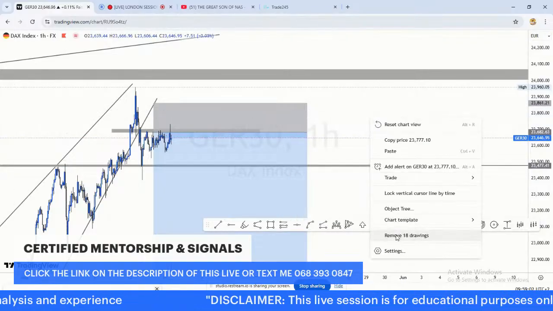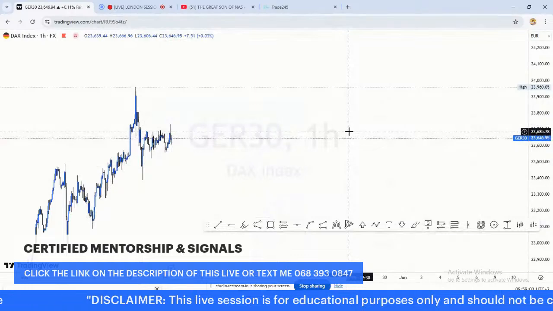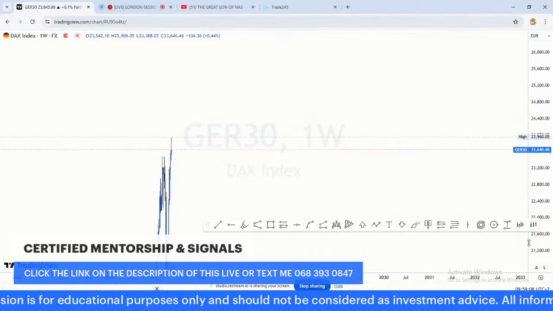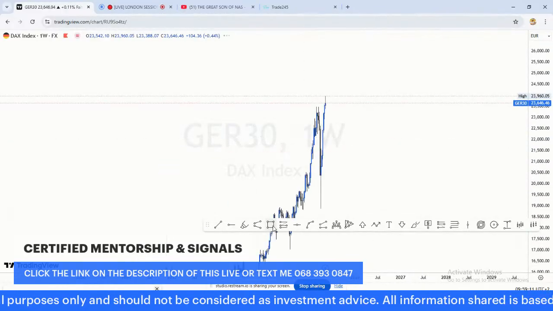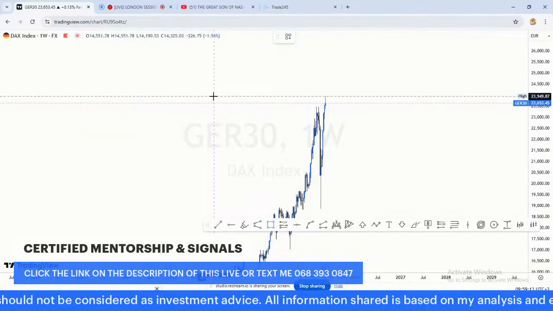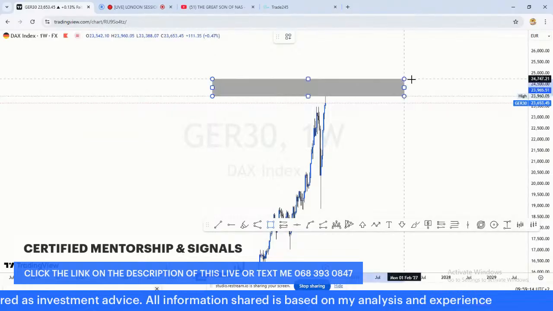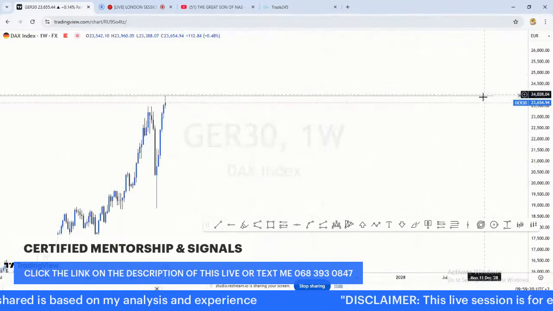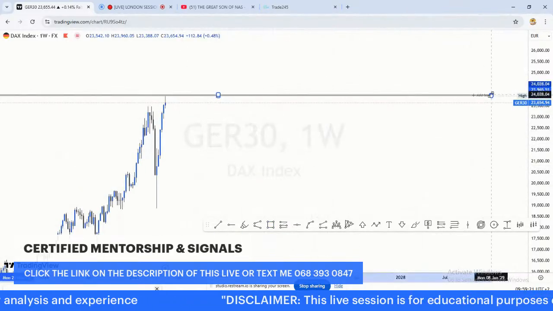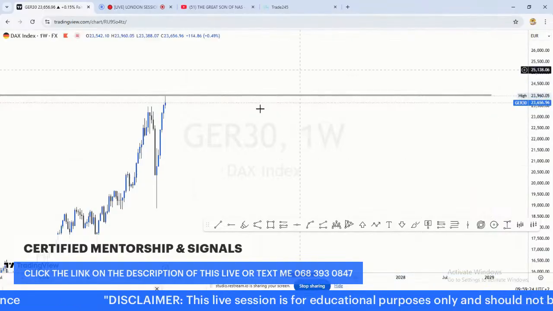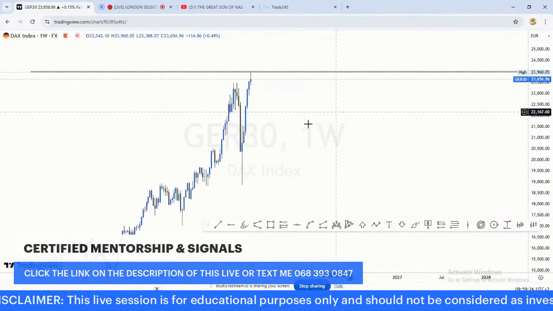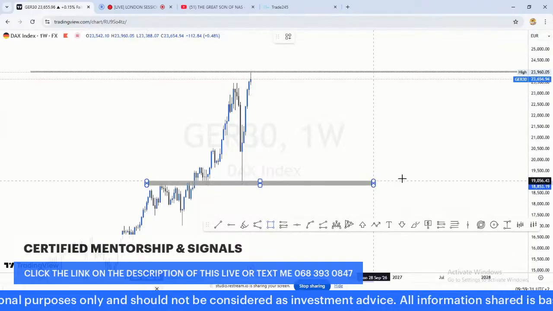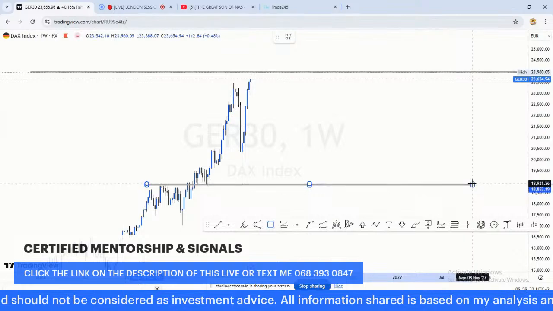Let's remove everything. One week time frame. Okay, this is our highest point. Then this is our current lowest, I can say.